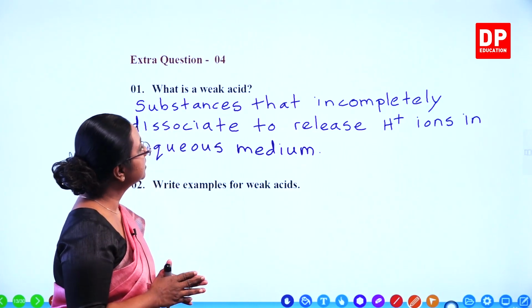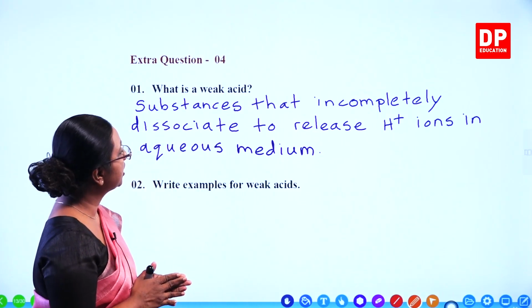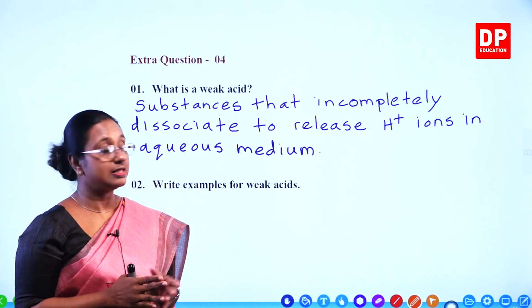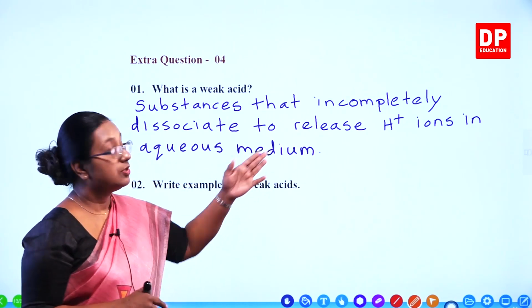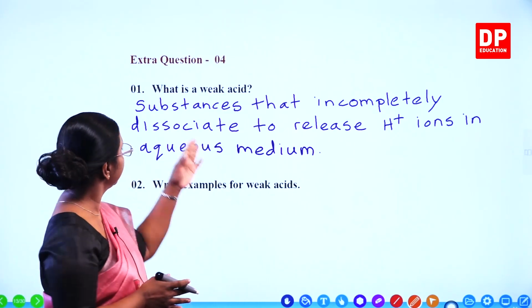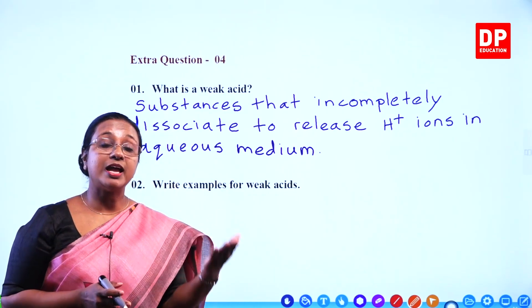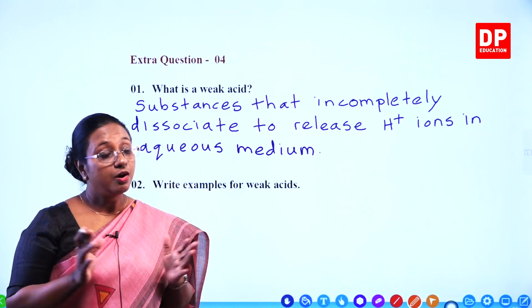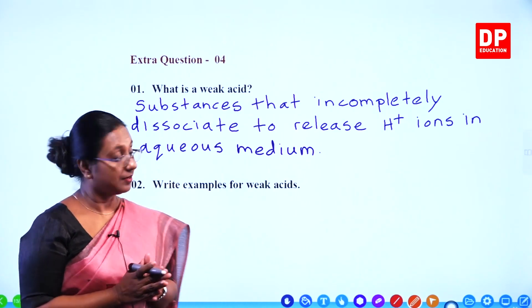So, substances that incompletely dissociate to release H plus ions in the aqueous medium. So, here instead of incomplete you can say partial, instead of dissociate you can say ionize. All these terms are correct.